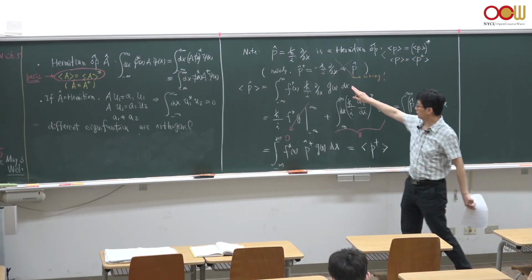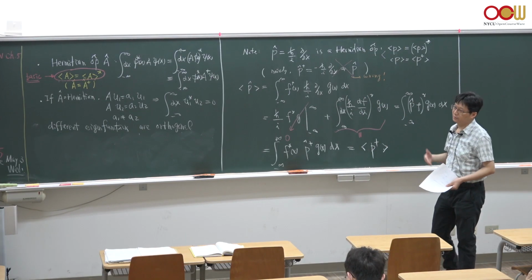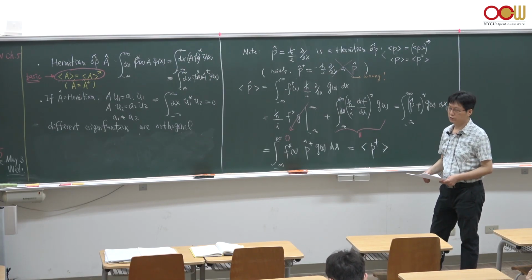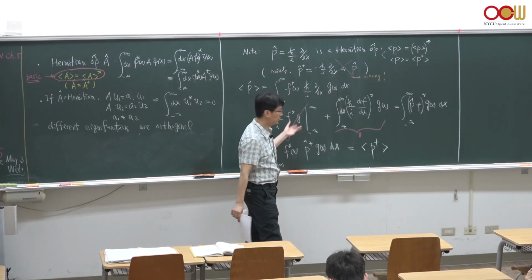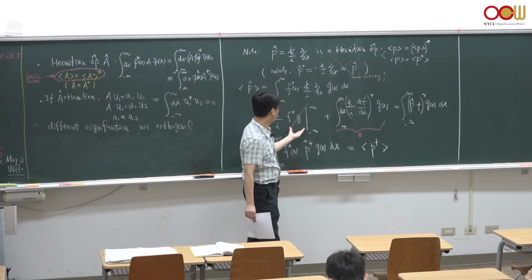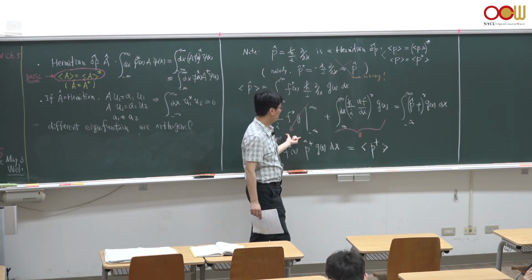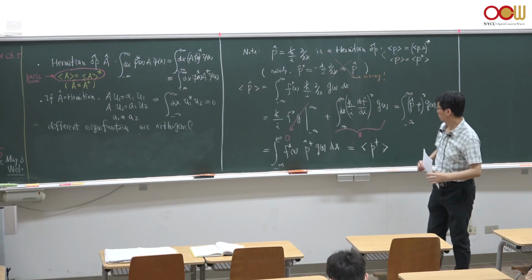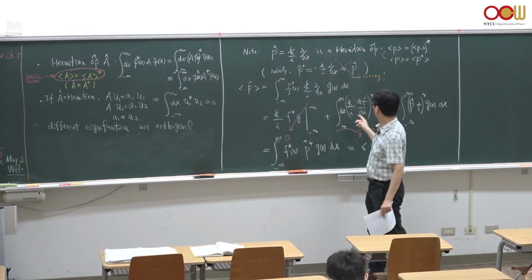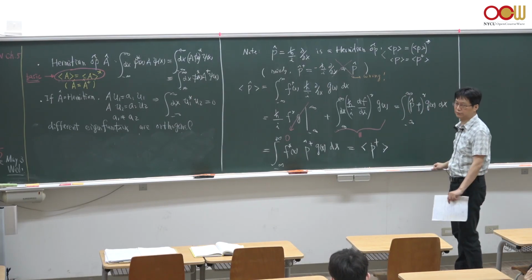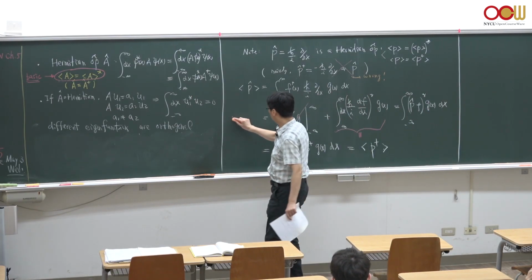Now you start from here, and you can play this mathematical trick of partial integration, or integration by parts. You could use your knowledge of calculus to rewrite this integral in terms of the boundary value, plus another integration, which is the other way around, where this derivative is actually applied to f or f star. So this is integration by parts.